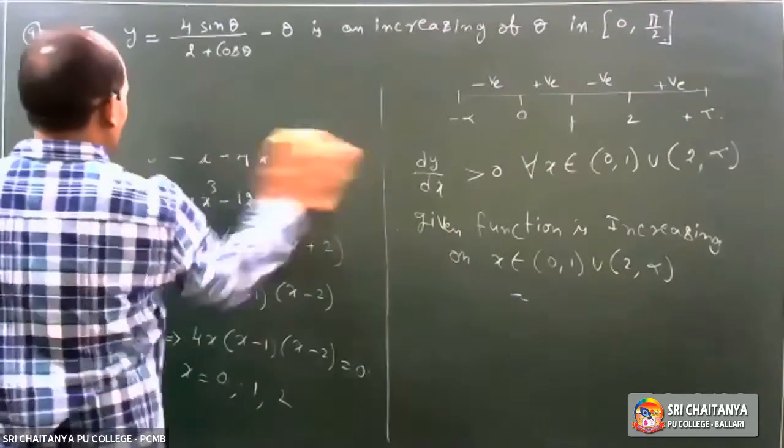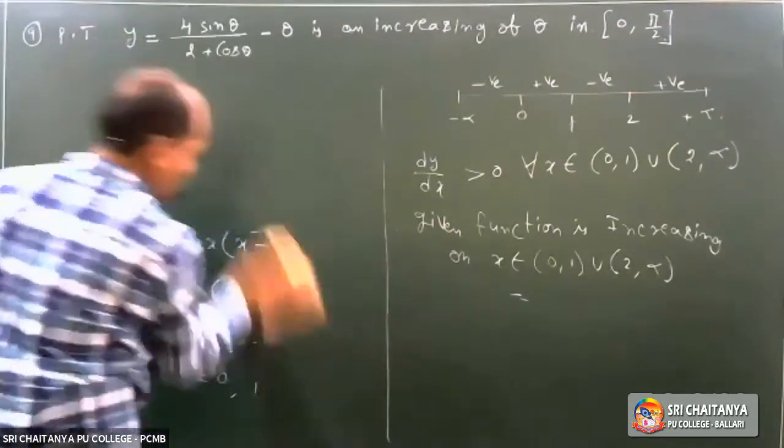So 0 to pi by 2 means it is the first quadrant.